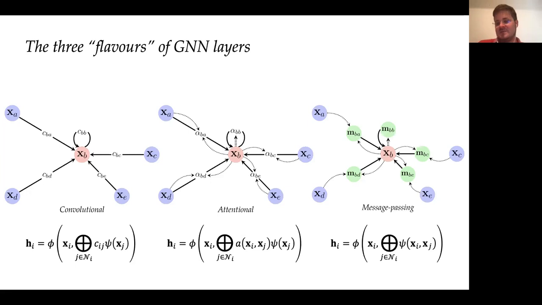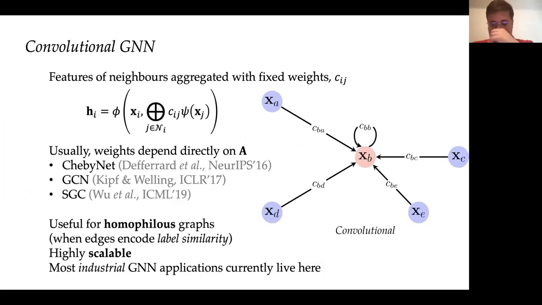And that typically means the further right you go, you can fit more interesting or more complex kinds of problems, but there is a cost to scalability, and there is a cost potentially to overfitting that you must take into account. So it's a bit of a trade-off as to which exact flavor you'll end up choosing. So on that note, let's start with convolutional graph neural networks.